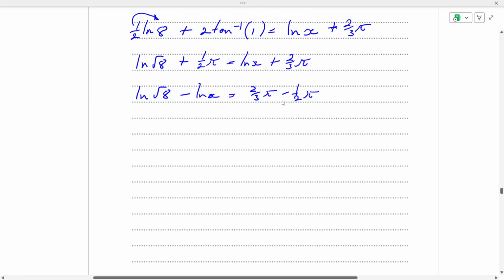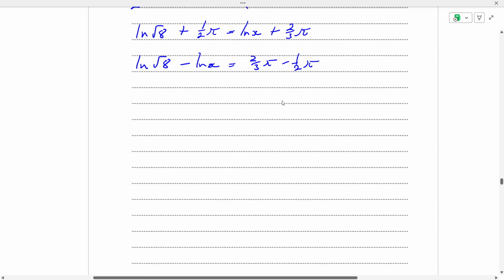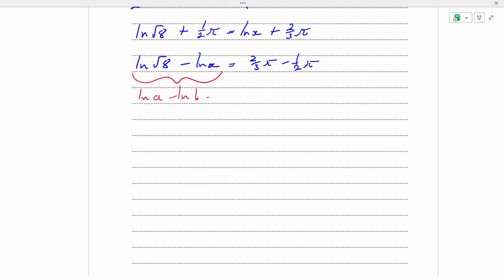Then on the right hand side we have negative. Here we can use the logarithmic property once more, which says that ln a minus ln b is equal to ln a over b. So we have ln root 8 over x is equal to negative 6 pi. Then we can take e to both sides.